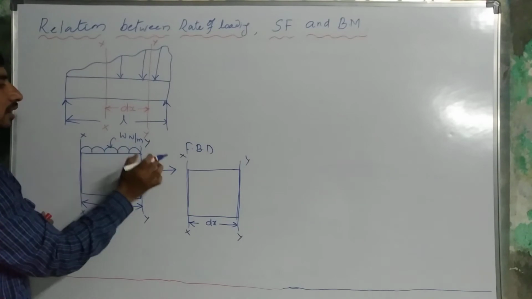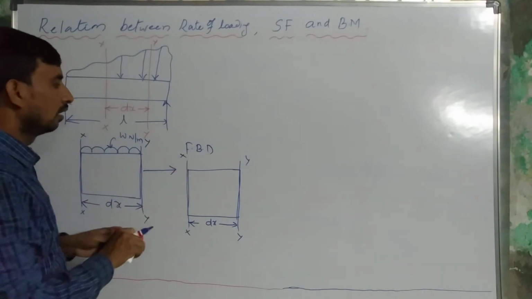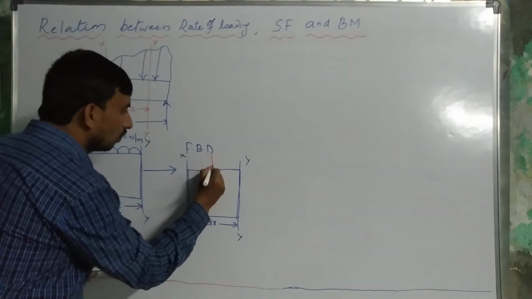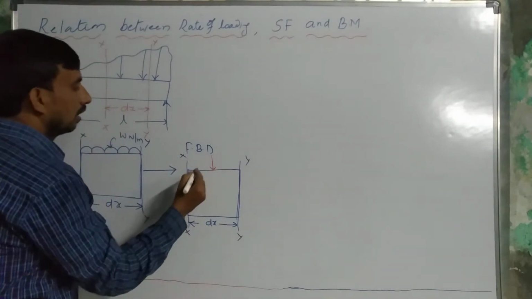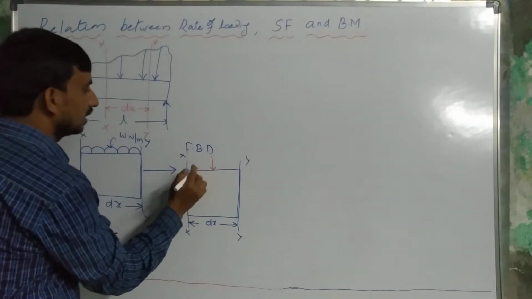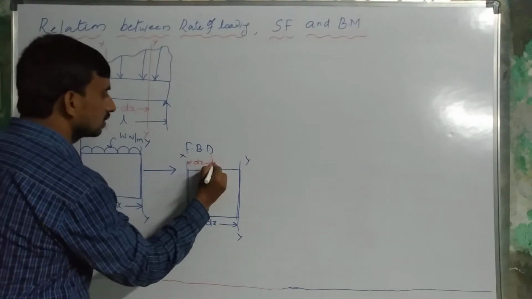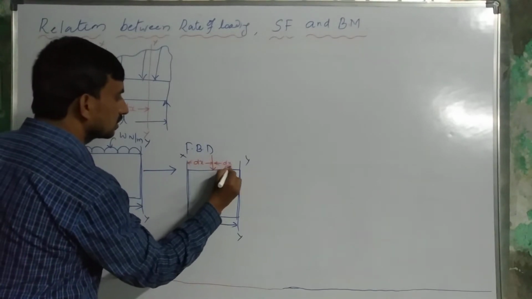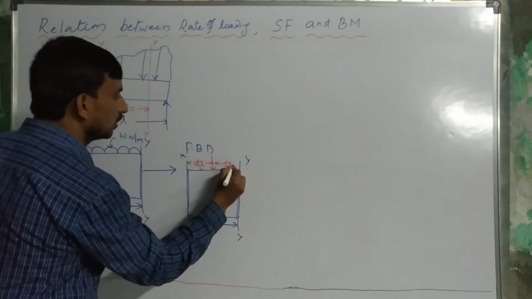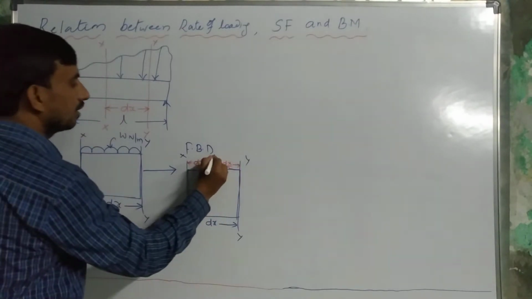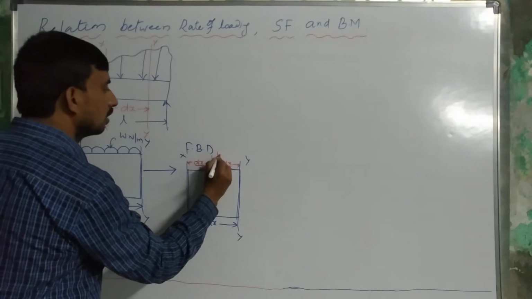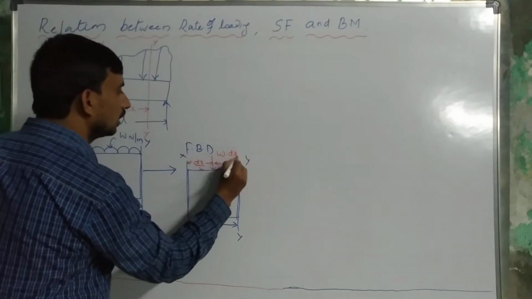This UDL will be converted into a point load here. So that point load will be W into dx, acting at dx by 2 from either section. The magnitude of this point load is W into dx.